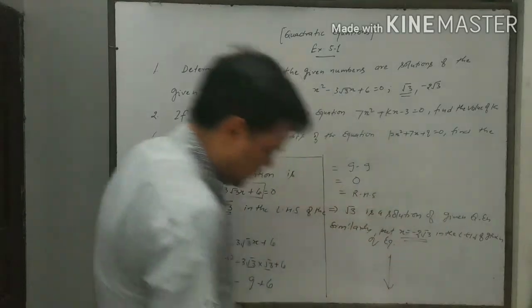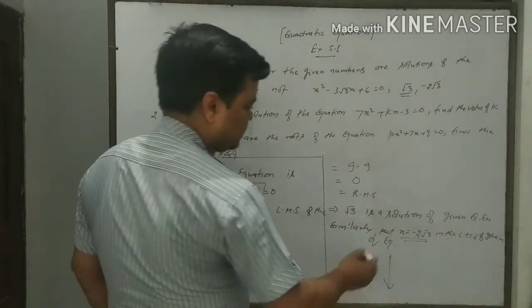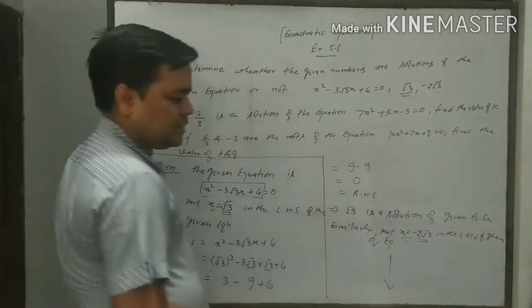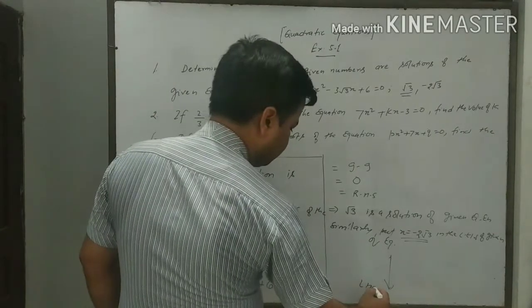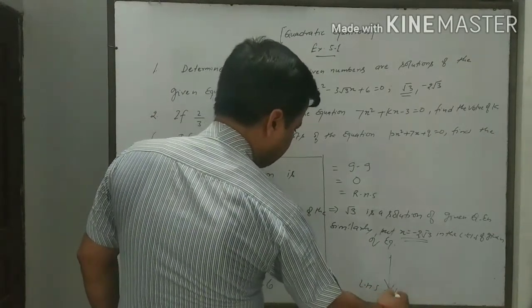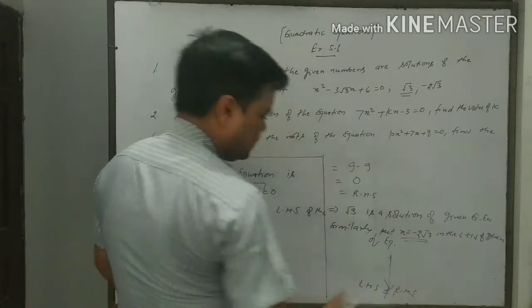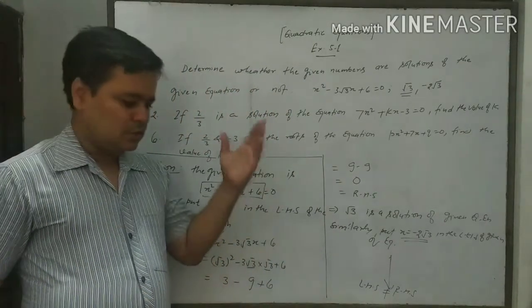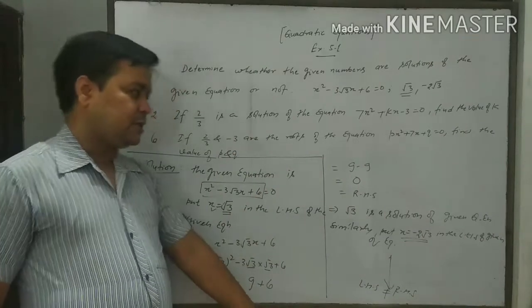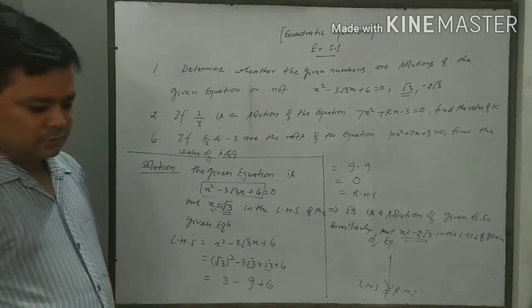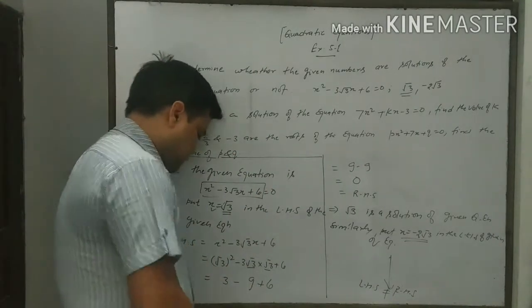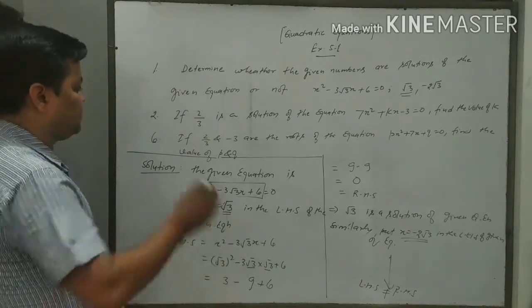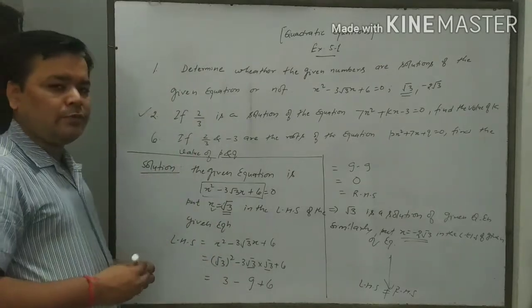Okay, here in this case after solving we find that the left hand side is not equal to the right hand side. So this implies that minus 2 root 3 is not a solution of the given quadratic equation. Okay, can you do it? Now let us see the second part, the next question.